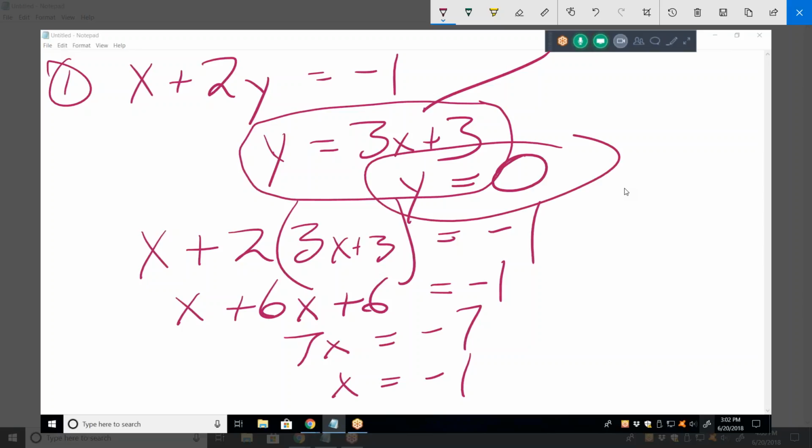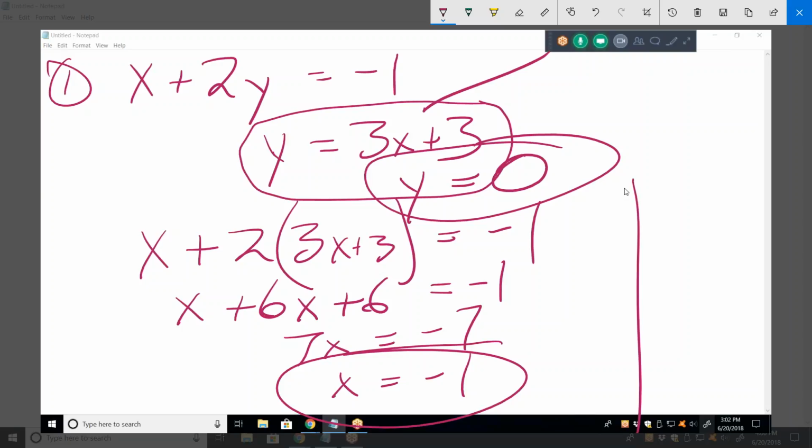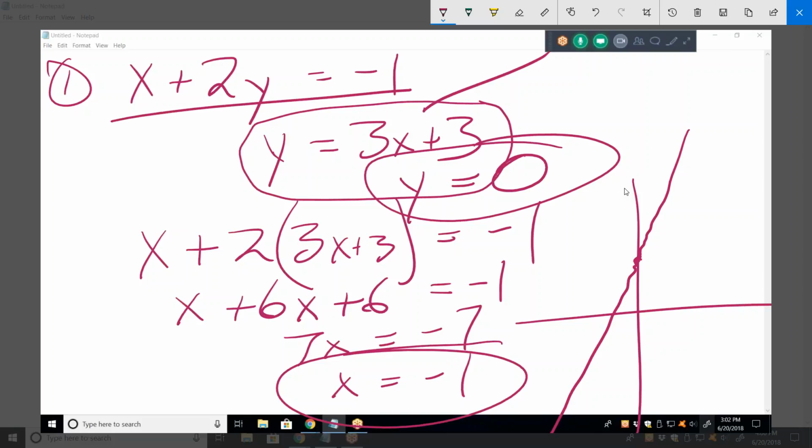That's your solution. So how would I plot that? Well, if you were to graph each line, the second one graphs relatively easily, slope of 3. And the first one, I'm going to have to put that in standard format or slope-intercept format to graph it. So it's going to be at -1/2, and it's going to be a slope of 1/2.